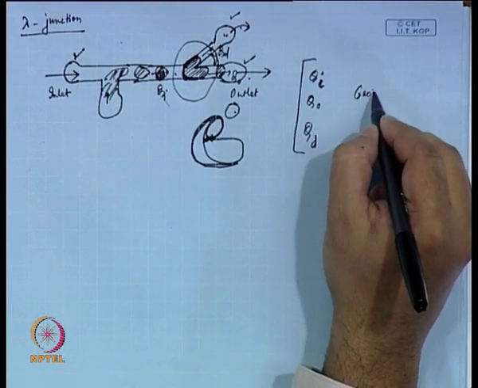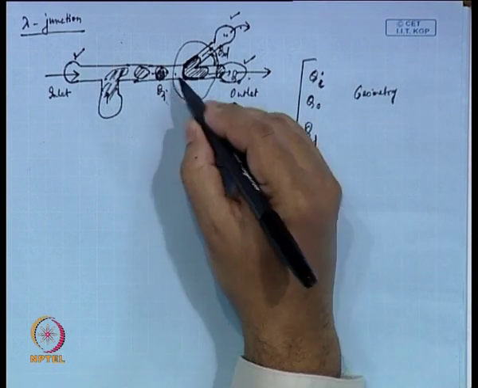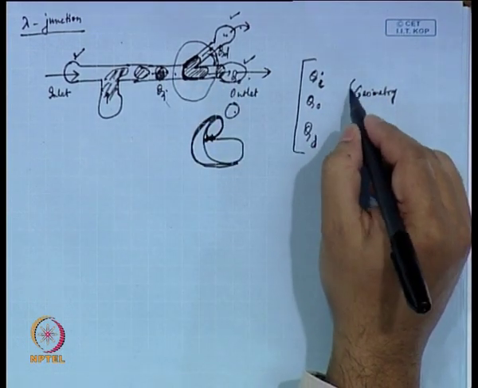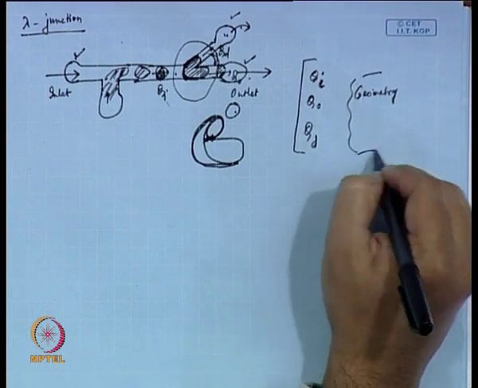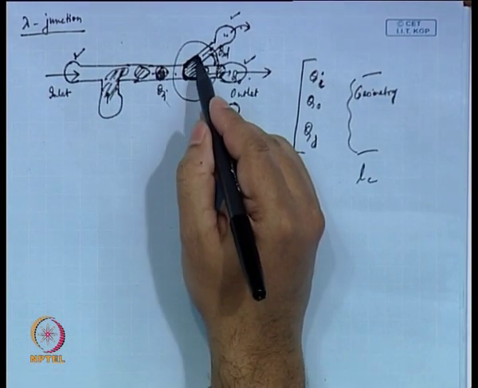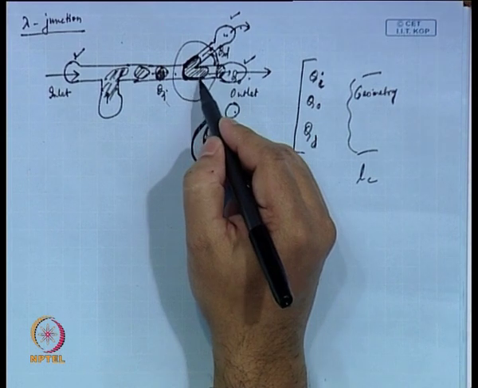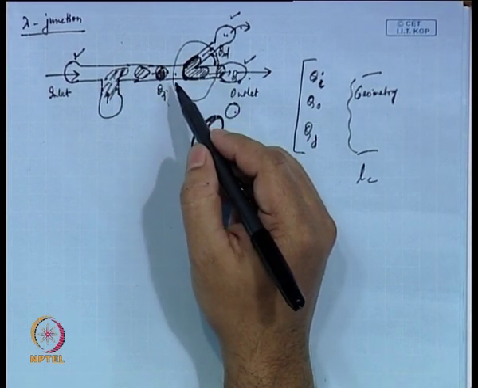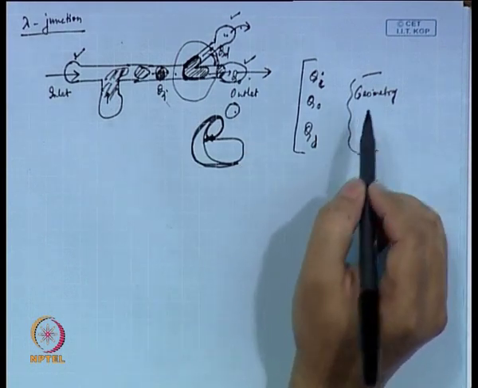Other than these, what you need is geometry, that means the dimensions of the channel, the angle and that delta, etc., that governs something called the L_C, the length of this back part of the droplet that has been stretched, and that governs.